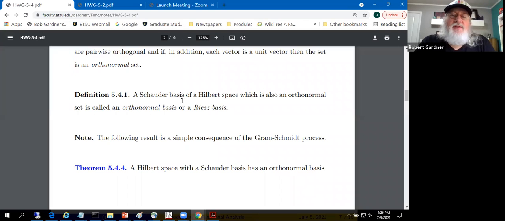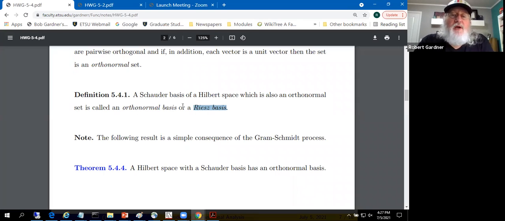So a Schauder basis of a Hilbert space, which is also an orthonormal set, is called an orthonormal basis or a Riesz basis. This term orthonormal basis is used in the other reference, the Promislow book, often used in functional analysis, but they define things subtly differently when they talk about orthonormal bases. I can save this by saying Riesz basis. They don't mention Riesz bases.